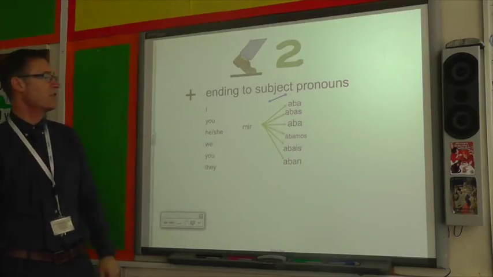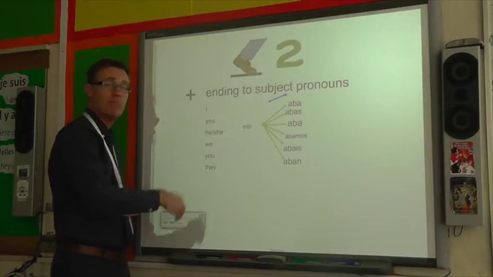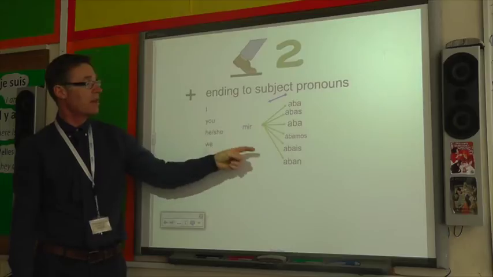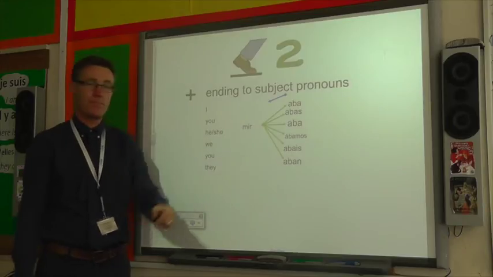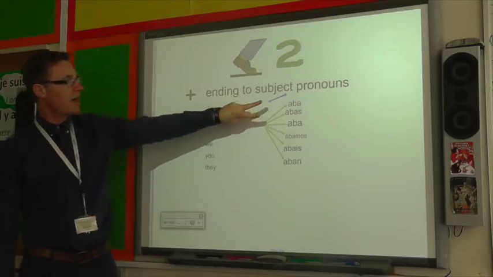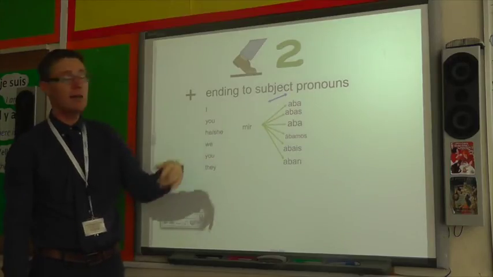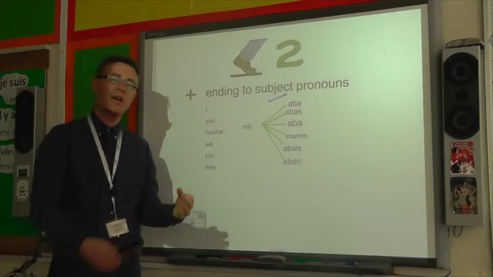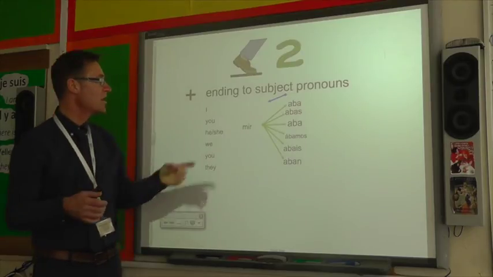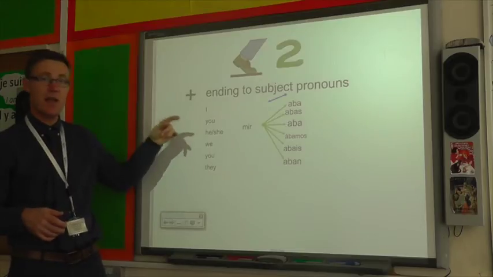Let's just run through those again. Miraba, mirabas, miraba, mirábamos, mirabais, miraban. Notice that I and he, she in Spanish have the same endings, miraba, miraba. But we can differentiate between the two by using maybe a subject pronoun, maybe a name.